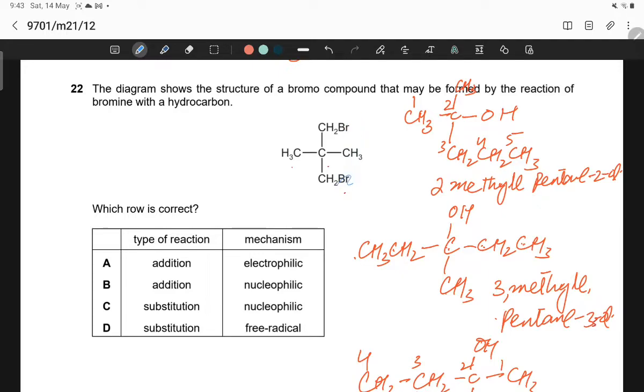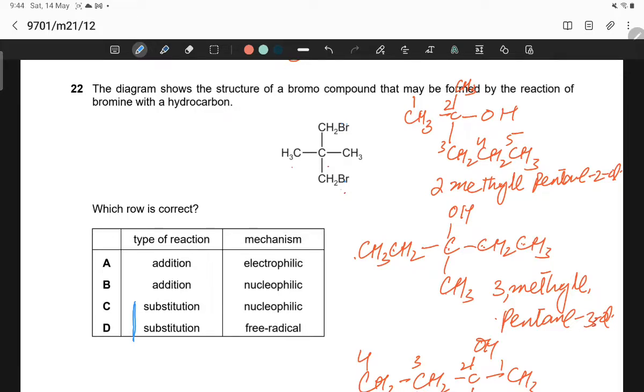So Br, it could be the substitution reaction because two bromine atoms are not attached to two adjacent carbon atoms. So it could be substitution reaction.